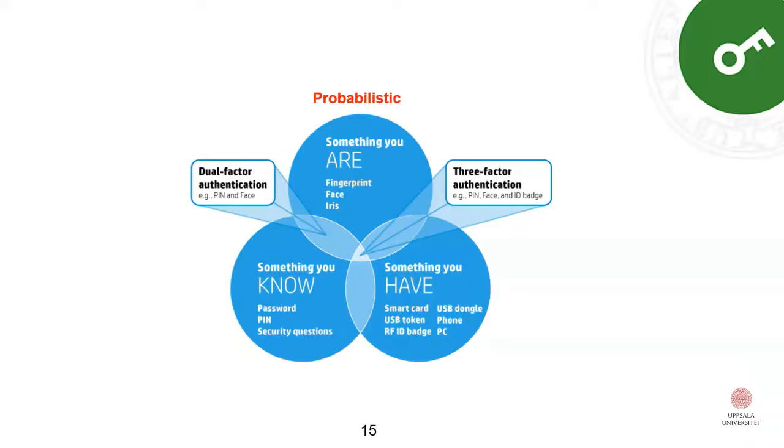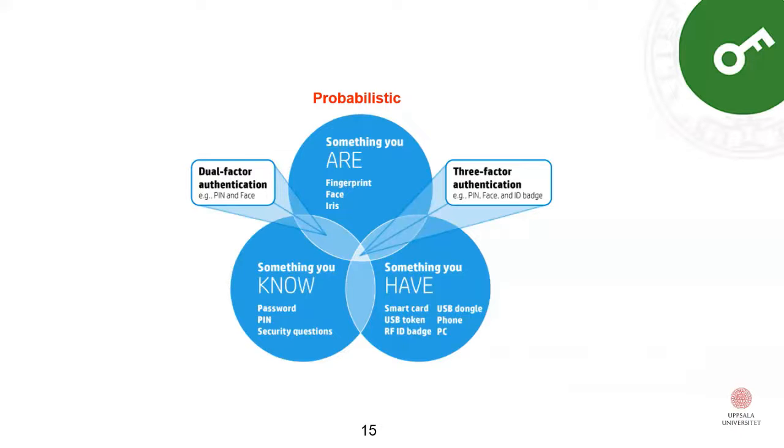So different authentication techniques differ in being probabilistic or deterministic. Probabilistic means that the technique sometimes might work and sometimes might not work. For example, you have had experience that sometimes your fingerprint, or showing your face to your iPhone device, doesn't work, or maybe someone else can be recognized as you.